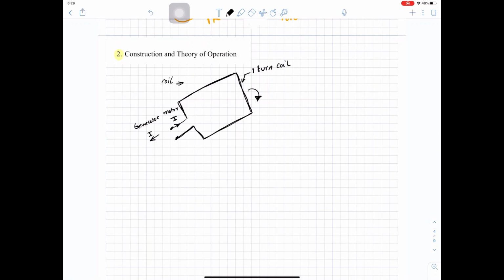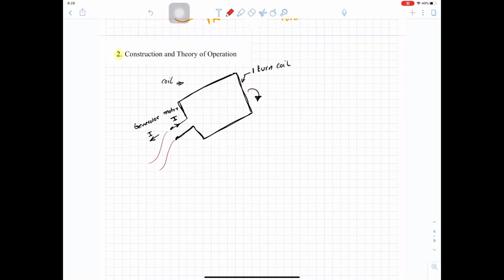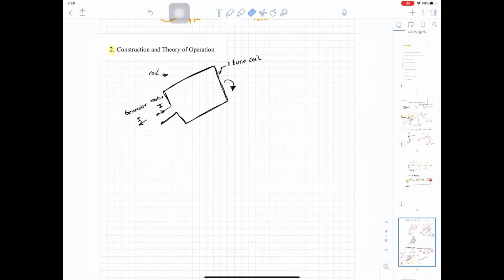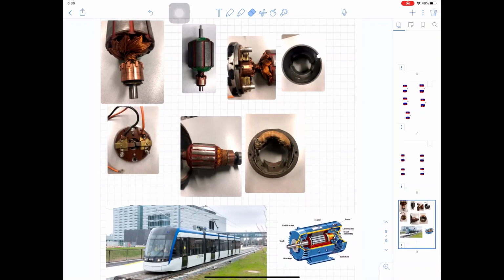And if it is moving and you have wires here, and this coil is rotating, the wires will get tangled and it will be broken. So the first challenge that we will see in motors or generators is how we can collect the current while it is moving. And let's take a practical example to understand this part here.